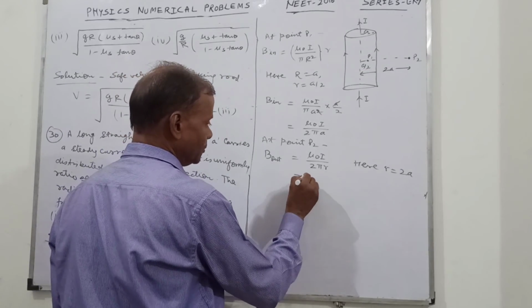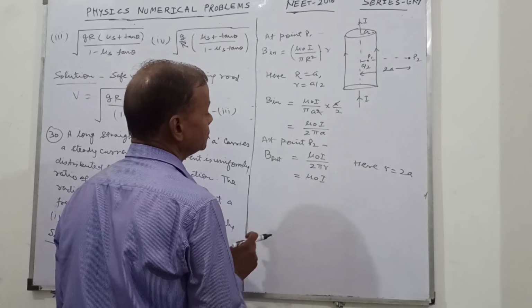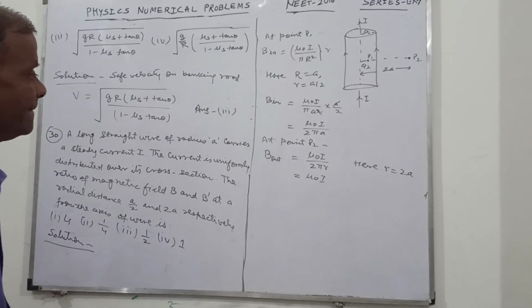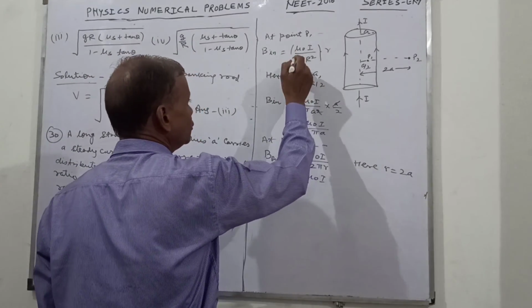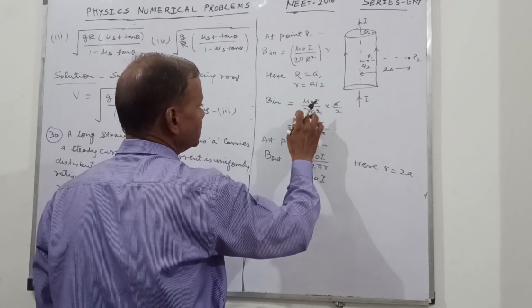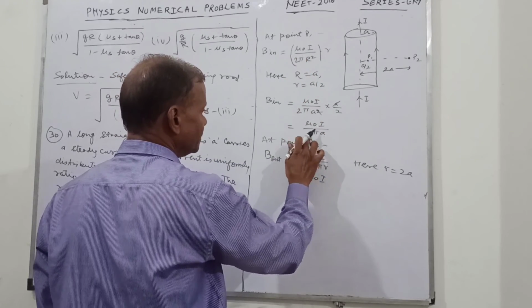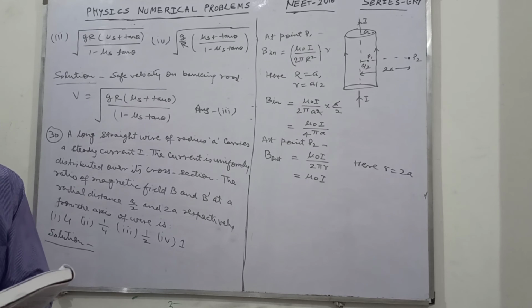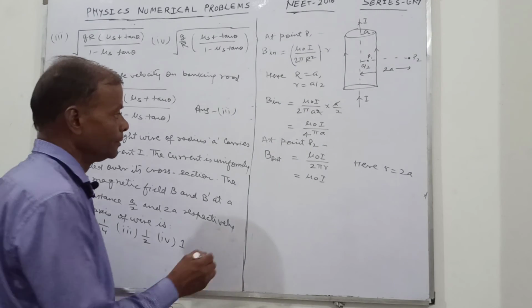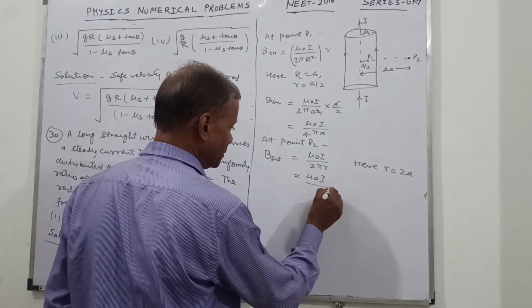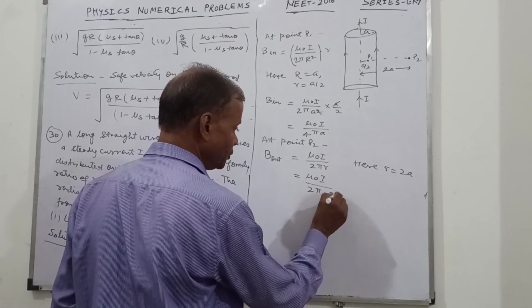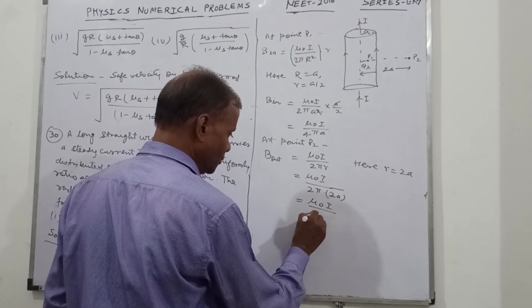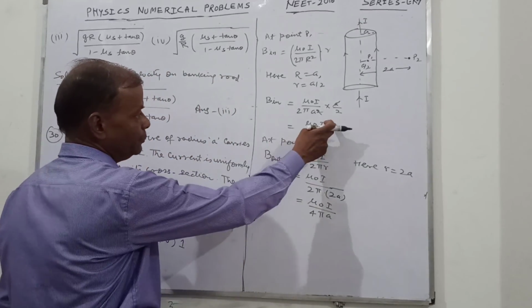So this is mu naught upon 2 pi, r is given as 2a, so this will be mu naught I upon 4 pi a.